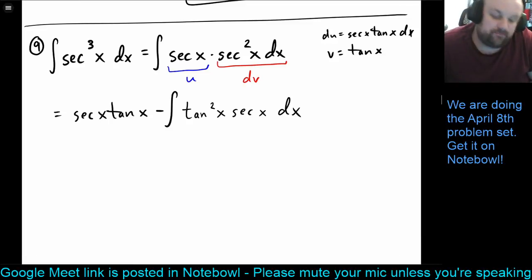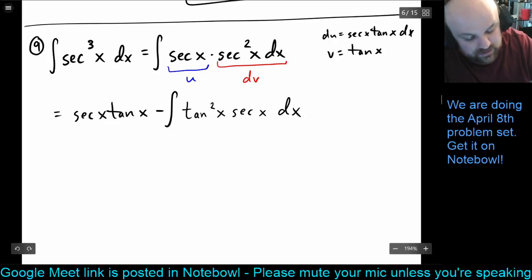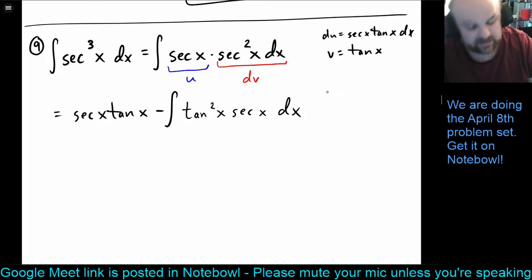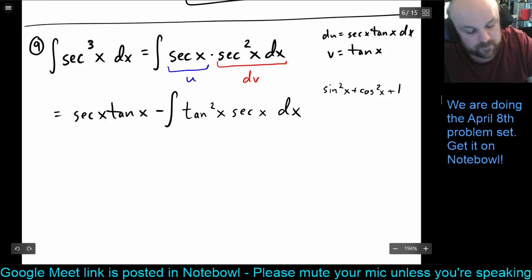Now, have we really made things much better? Turns out the answer is yeah, we actually have made things quite a bit better for ourselves. So this tangent squared here, we have a way to deal with this. So you might remember this identity: sine squared plus cosine squared equals 1.